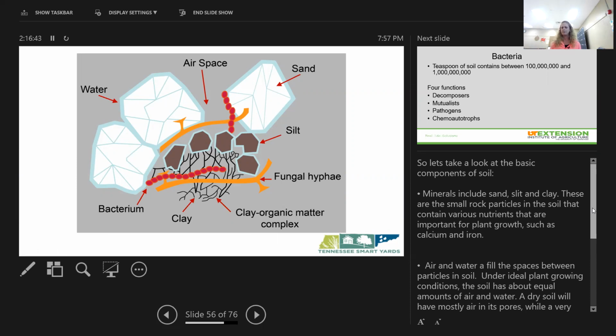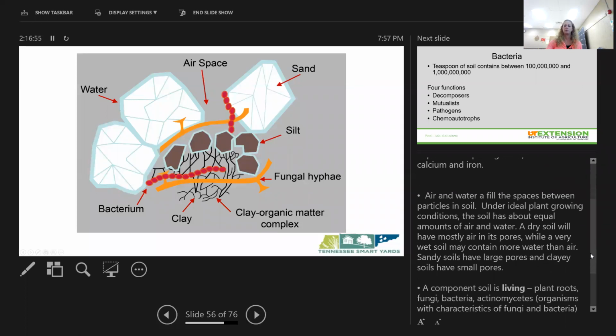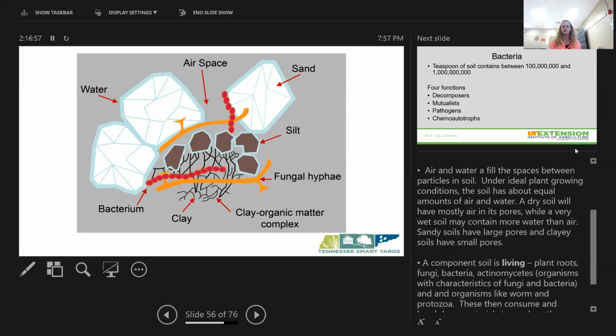And these are the small rock particles in the soil that contain the various nutrients that your plants need to grow. They'll have calcium, they'll have iron, things like that in there. But it's also important to have these pore spaces where air and water fill up the pore spaces. And so under ideal planting conditions, the soil has about equal amounts of air and water.